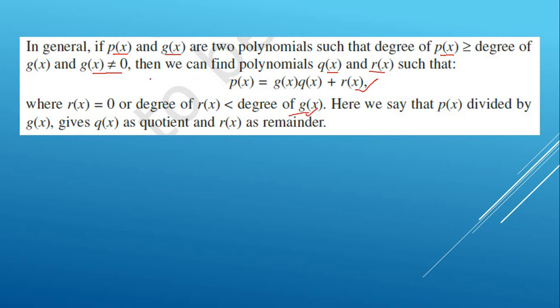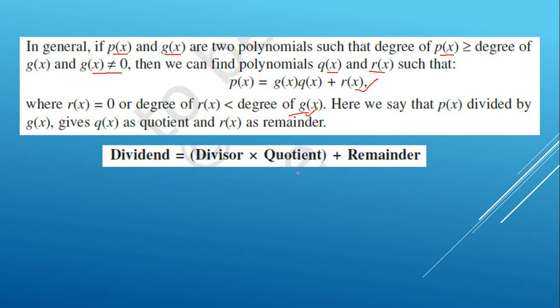Alright, and we call p(x) the dividend polynomial, g(x) the divisor polynomial, q(x) the quotient polynomial, and r(x) the remainder polynomial, as you can see in the division rule also.